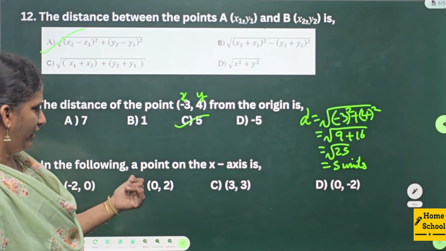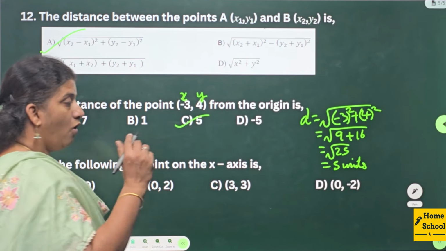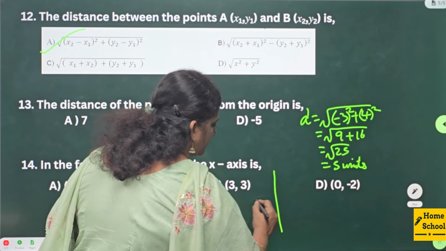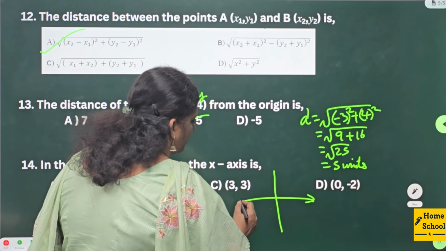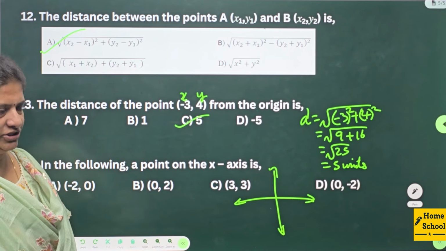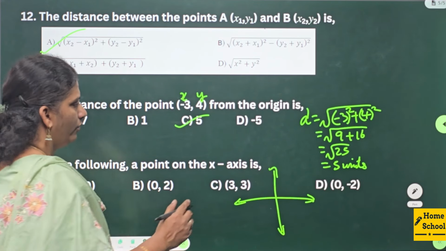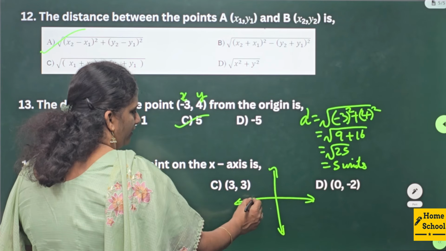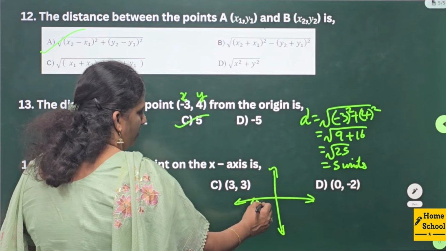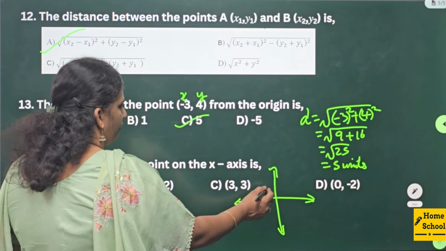14th. In the following, a point on the x-axis is asked. Let us take the Cartesian plane. On the x-axis is your question. Option A: (minus 2, 0). Where is that? Here, (minus 2, 0). (0, 2).